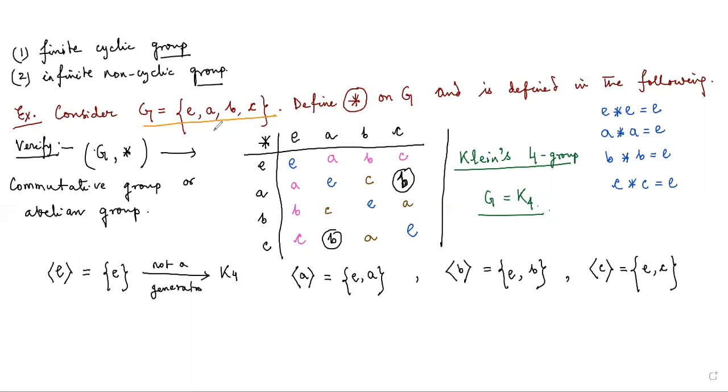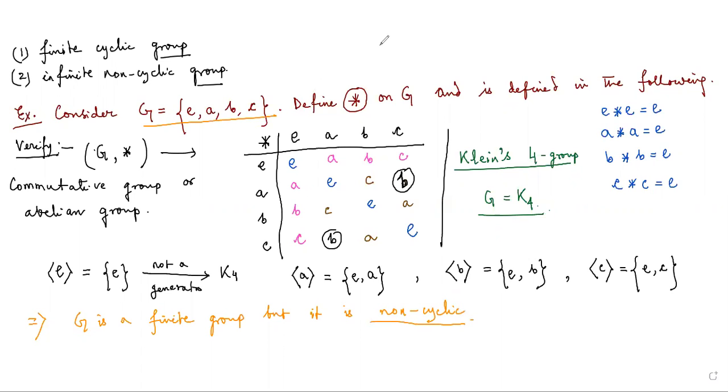Here I am unable to find any such element which can generate all the elements of this set under the operation star defined here. So this shows that G is a finite group, but it is non-cyclic. G is not a cyclic group.